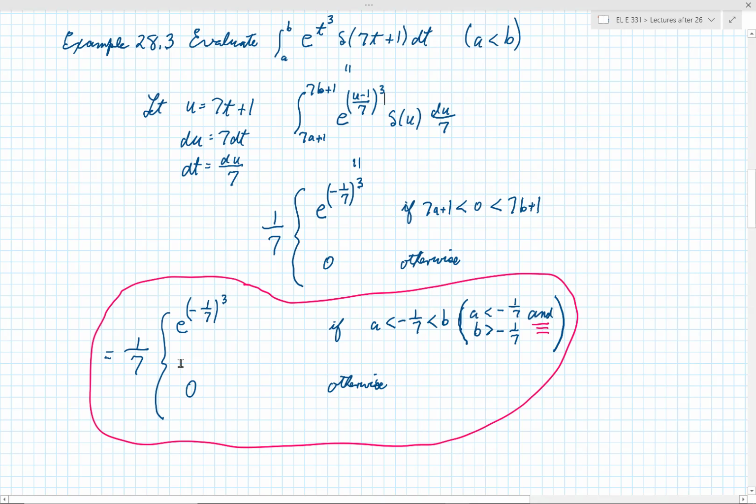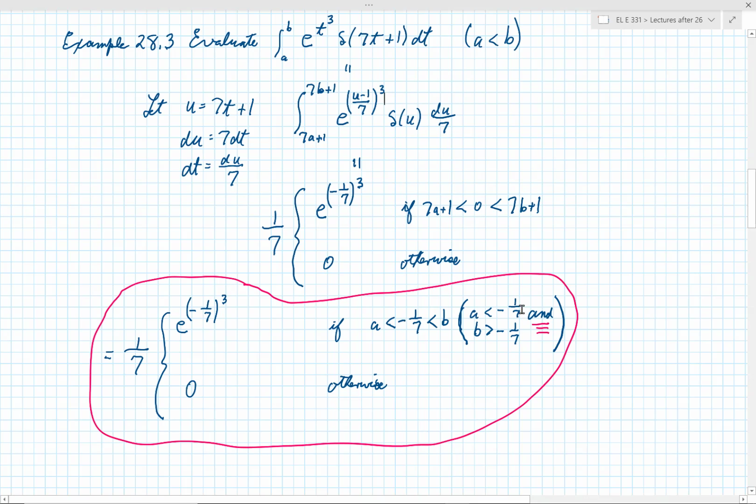So we get that the integral is equal to 1/7 e to the minus 1/7 cubed if a is less than negative 1/7 is less than b, and 0 otherwise. And let me just emphasize what this notation means is two things.